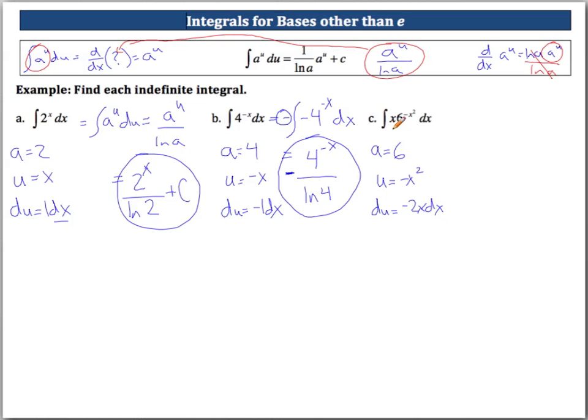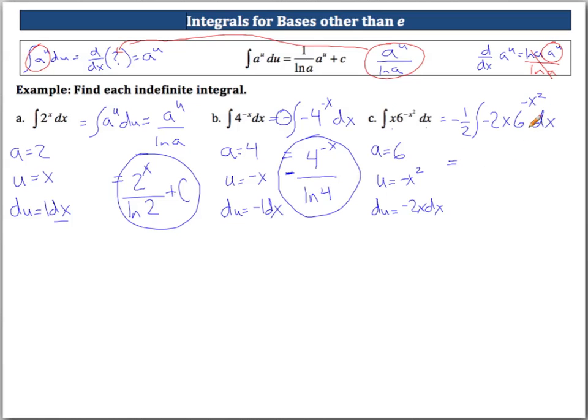Okay, so I see an x and a dx. All I'm missing is that negative 2. So we're going to rewrite this here as the integral of negative 2 times x times 6 to the negative x squared dx. And since I put that negative 2 inside, I'm going to have to put a negative 1/2 on the outside to balance it.